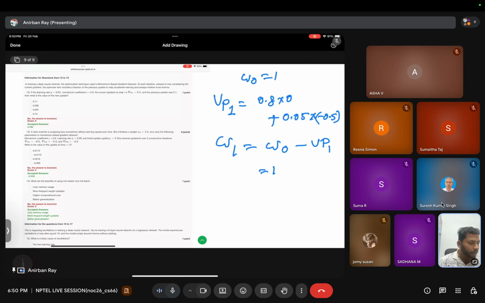W0 is 1 and the momentum term is 0, and this is minus 0.025, I think. 25 into 10 to the minus 3, which is 2.5 into 10 to the minus 2. Yes, this is the correct one. So plus 0.025 gives W1, which is 1.025. Done.